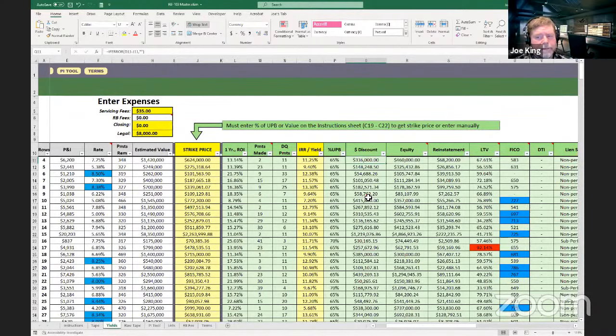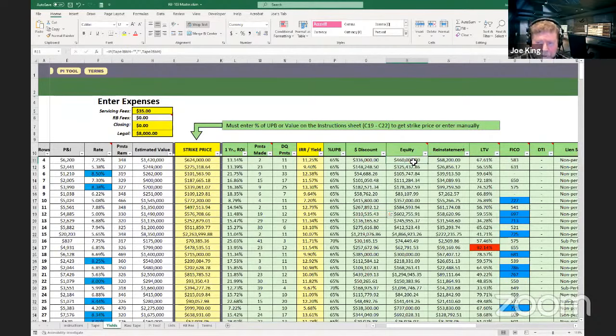It happens all the time, especially the higher end ones. So if you're able to purchase a non-performing note, let's say at 65 or 70, and you have a huge discount here, that discount can be realized as additional return on investment when you go to sell your note or partial out your note.